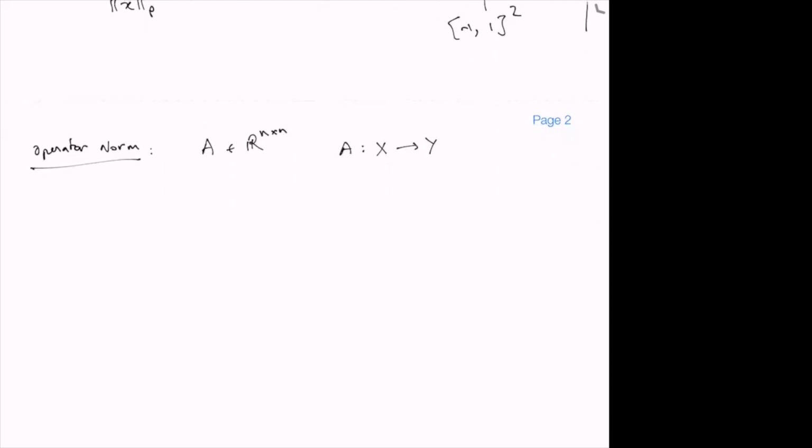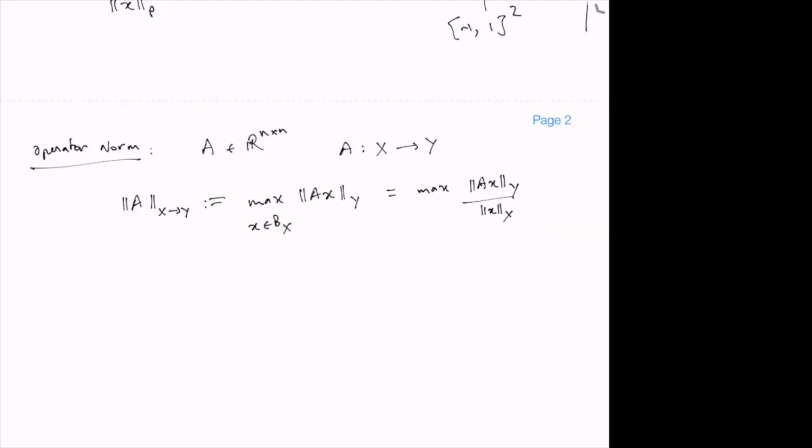The operator norm of A is defined as the maximum amount it stretches a unit vector in the source norm, where you measure the stretch in the destination norm. Said algebraically and denoted by the following notation, the X to Y operator norm is defined as the maximum amount that A stretches an X unit vector measured in the Y norm. This is of course also equal to the maximum of the Y norm of Ax divided by the X norm of x, just by homogeneity.